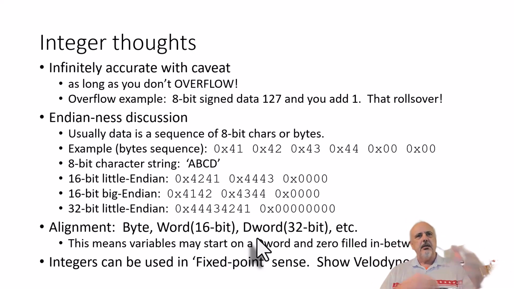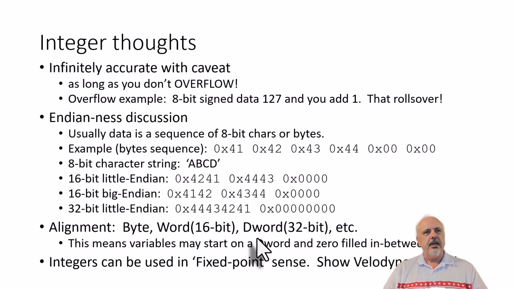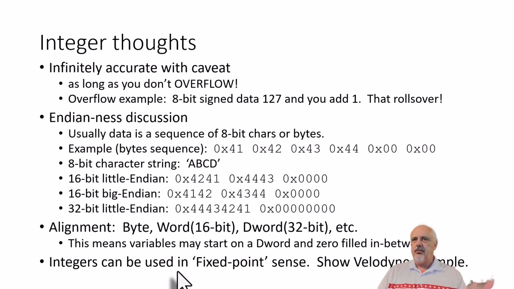So I tried to create this little bit of intuition within you to notice these things, and once you get those, you're the master of your own world at this point. Integers can be used in a fixed point sense, and I'll show you what I mean by that in a minute when we look at some real applications.